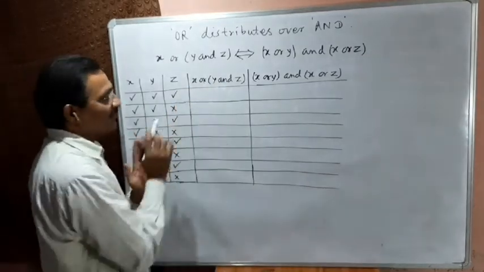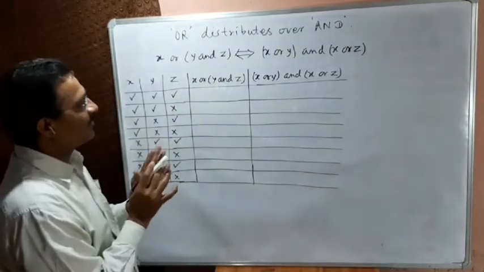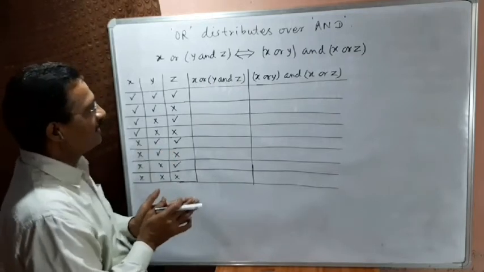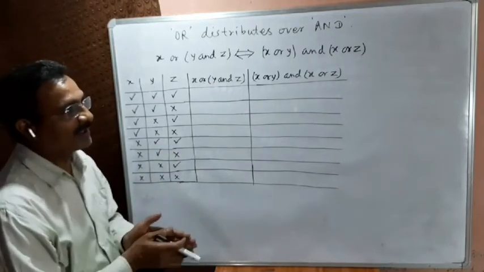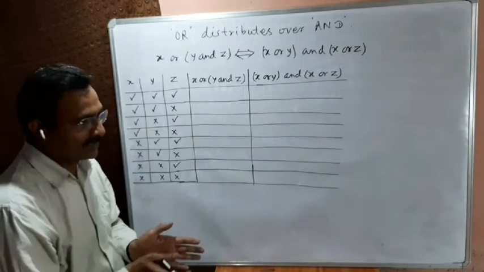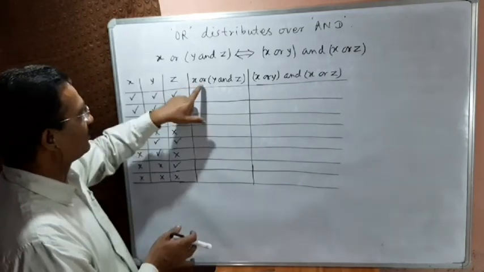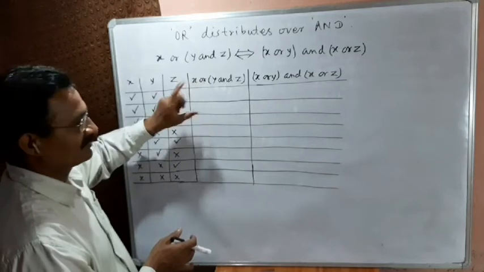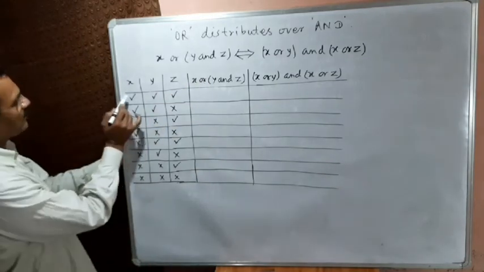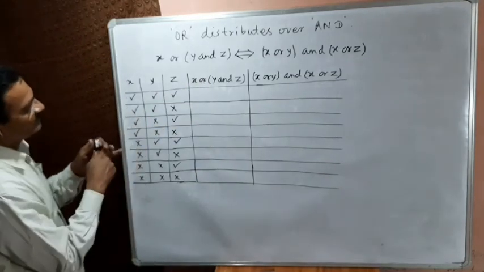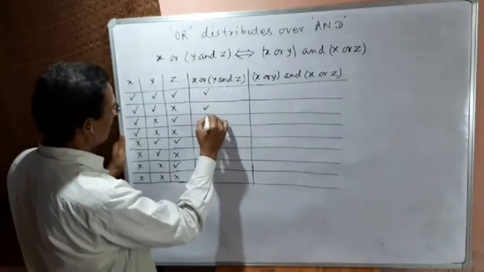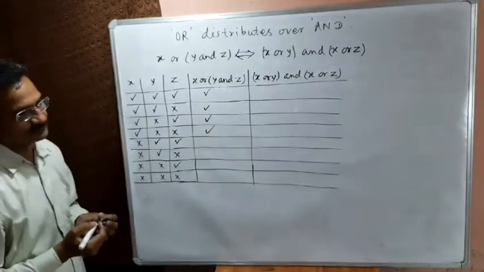But if x happens, then no problem about y and z, whether y and z both or either happen or do not happen. After all, the phenomenon will happen because x happens. So whenever x is correct, all these are correct.